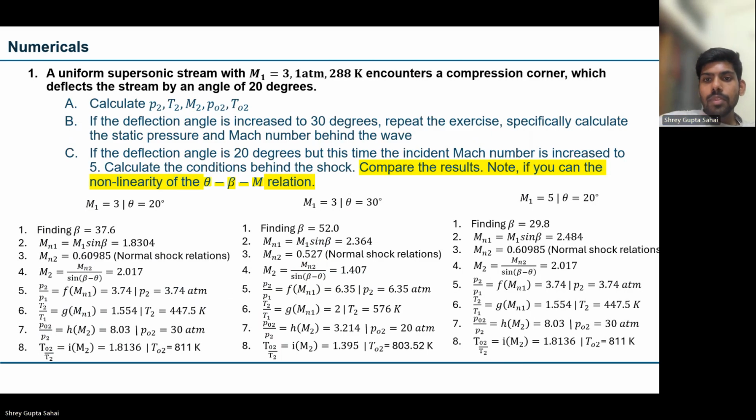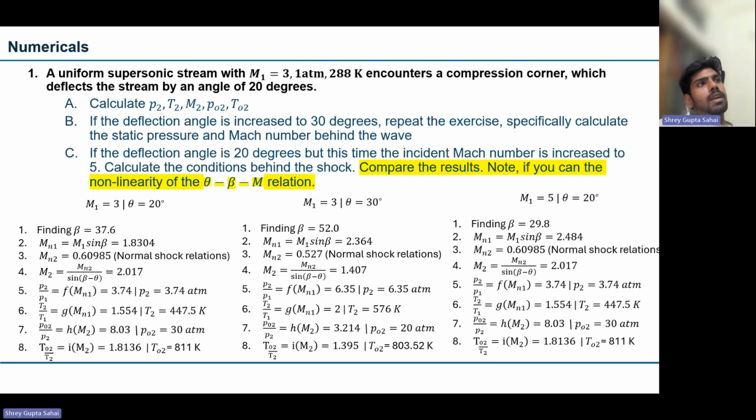Let's calculate the corresponding Mn2. You see there is a prescribed procedure you just have to follow in these equations. That's why the questions you get in assignments will complicate it.